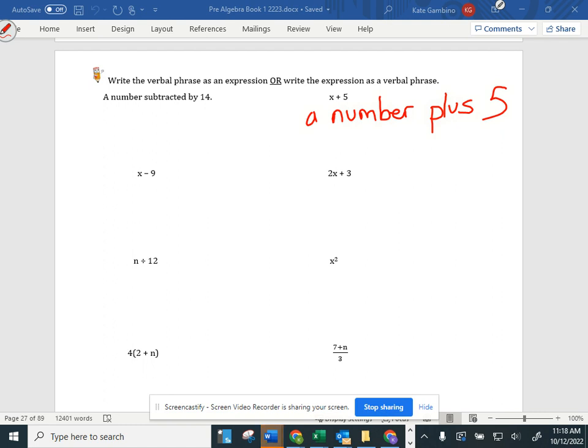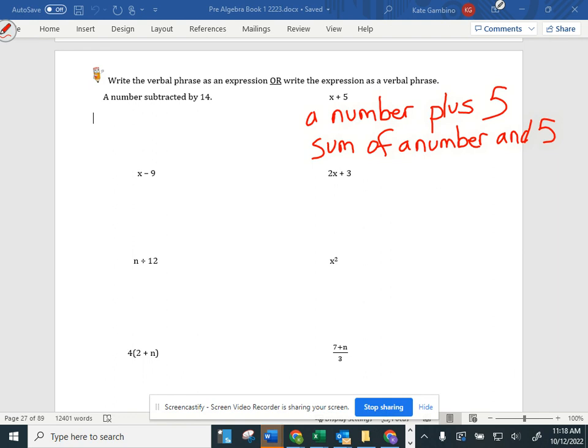A number sum 5? No. How would we use sum in an expression? Aiden? Sum of a number and 5. The sum of a number and 5. So you really have to think about which of those terms you're using make it make sense.